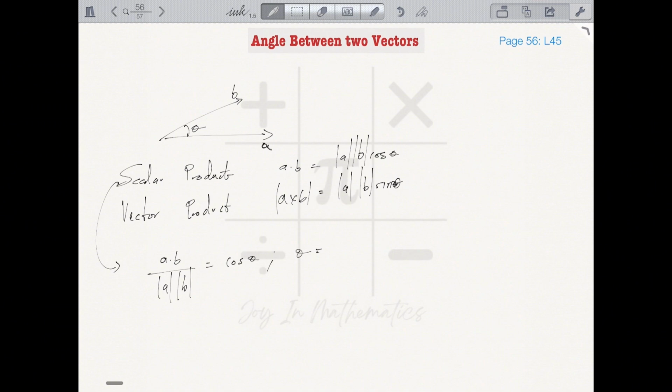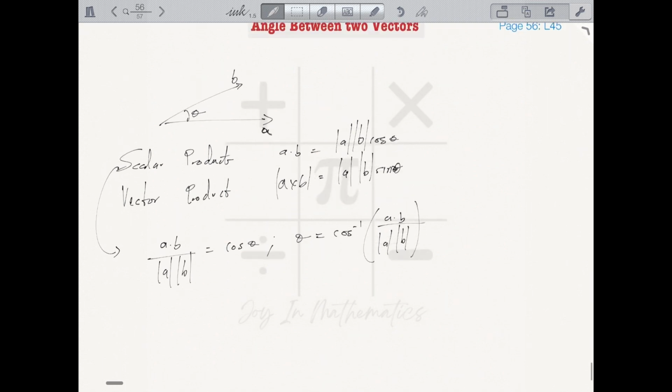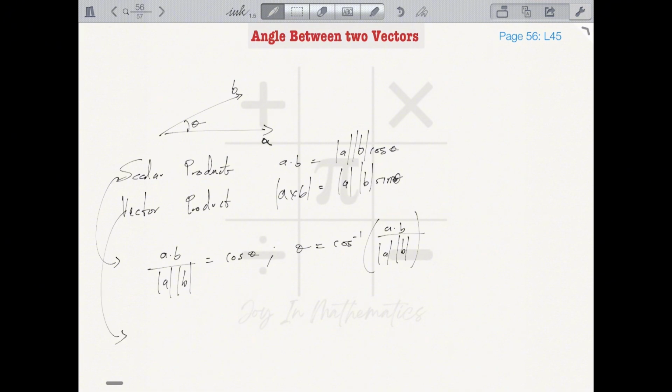Therefore theta will be arc cos of A dot B divided by magnitude of A magnitude of B. And if we go from the vector product, the magnitude of A cross B divided by magnitude of A and magnitude of B is equal to sine theta. Therefore theta will be arc sine of magnitude of A cross B divided by magnitude of A and magnitude of B.